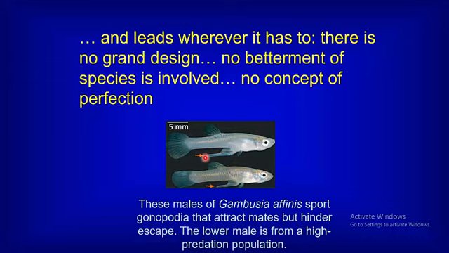Now, if you have an environment in which there are no predators, like this one, then the selection pressure is primarily on the male's ability to attract the females, and therefore they can evolve longer and longer gonopodia. However, if the same species of fish is made to grow in the presence of a predator, then it has to balance between the ability to attract the female and the size of the gonopodium that allows it to escape the predator.